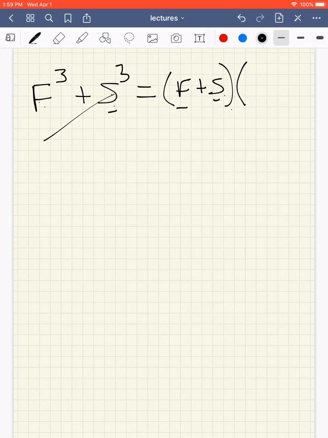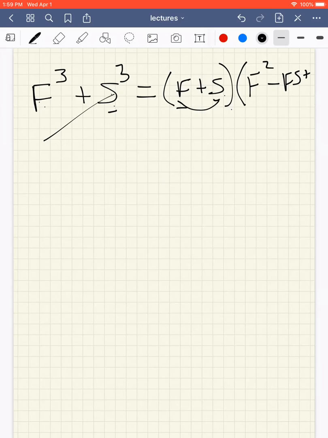The formula says that you square the first term. So the first term is f, so it gets squared. If this sign is a plus, this sign will be a minus. Okay? Formula says multiply these two guys. So fs. And then this is always a plus.